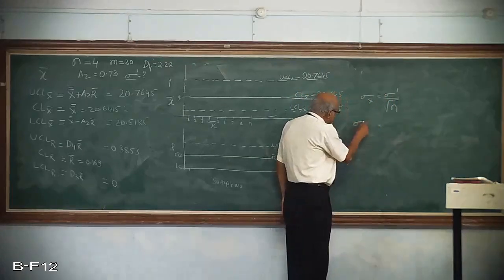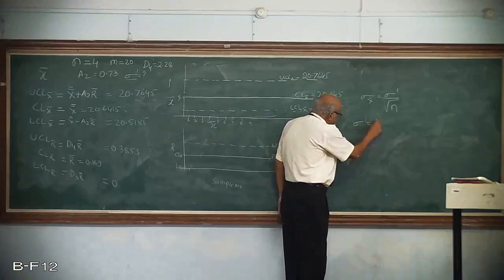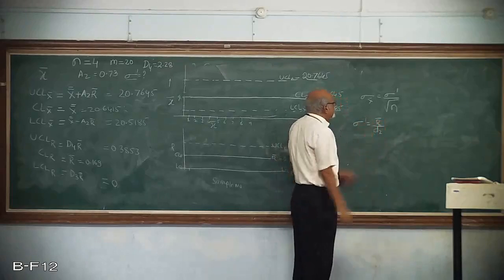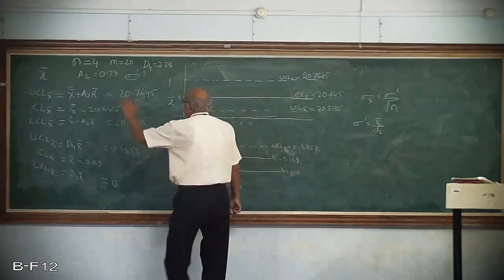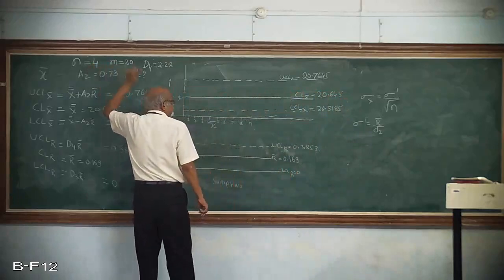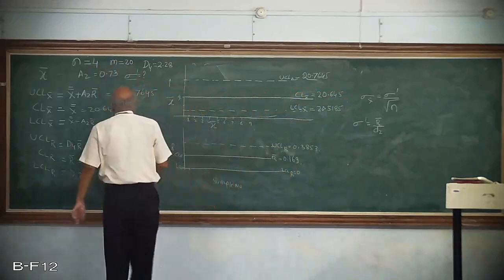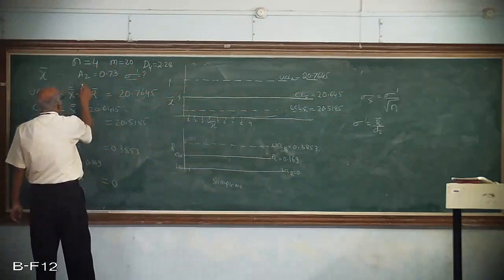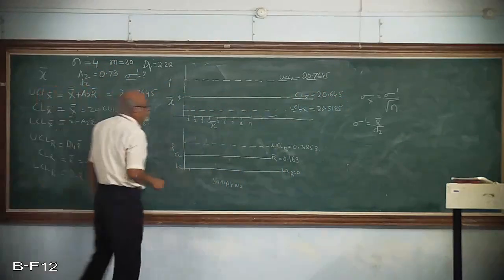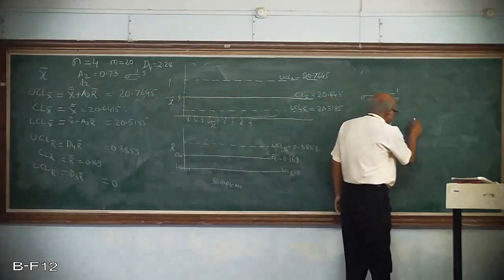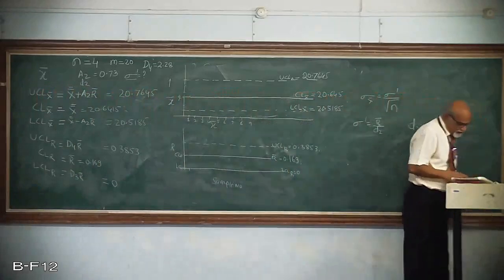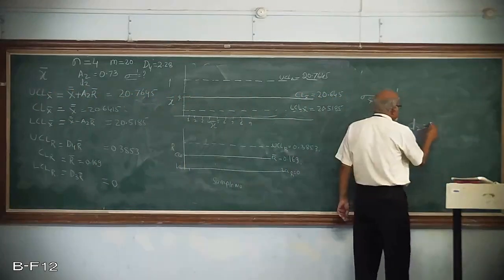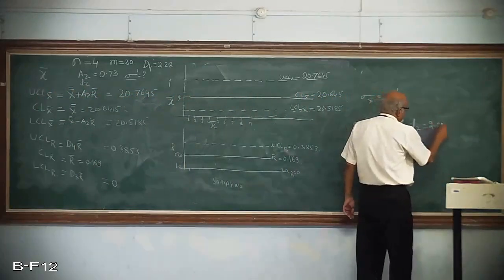How was the sigma prime calculated? We know that sigma prime is equal to R bar by D2, where D2 is the factor which will depend on the number of samples or the subgroup size. This D2 was found from the tabulation. For n equal to 4, it was found to be 2.059.